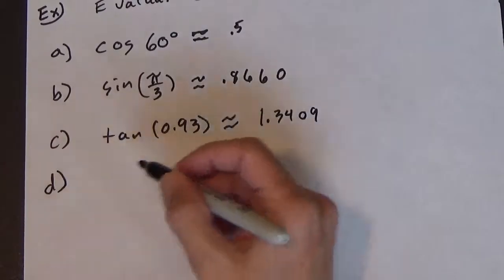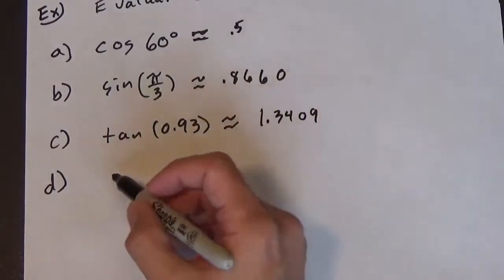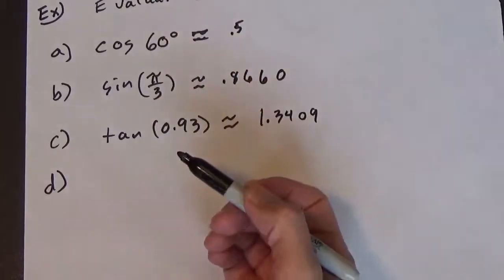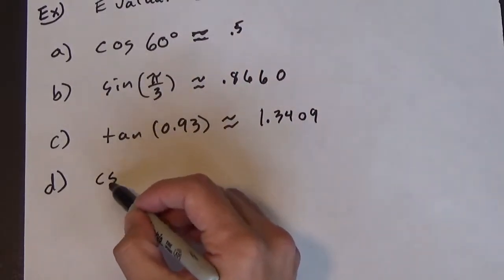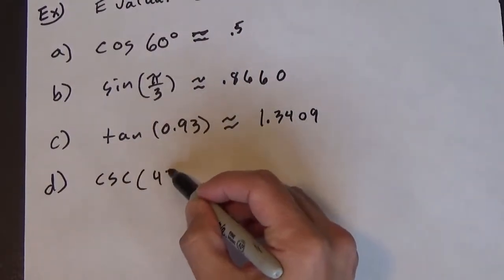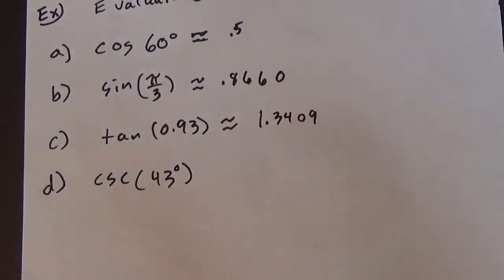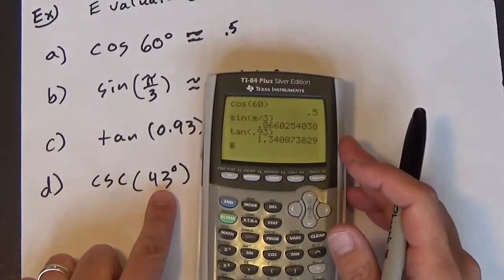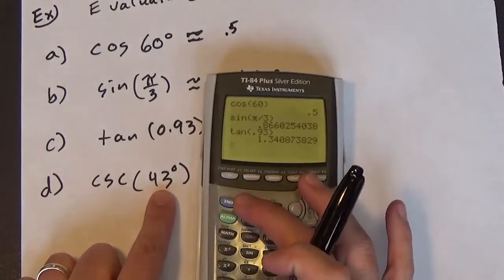All right, part D. Now let's look at a case where we don't have the sine, cosine, or tangent. Let's say we had the cosecant of 43 degrees. There are a lot of steps to this. Here's 43 degrees, so we do have to go back into degrees.